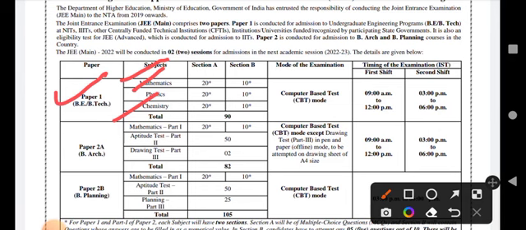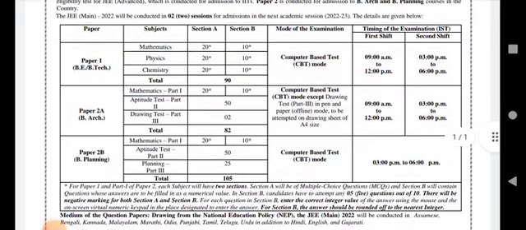Section A carries 20 questions, and section B carries 10. The total is 90 marks.